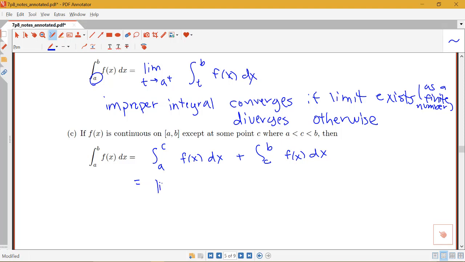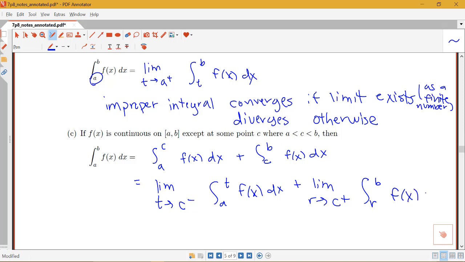So I'd have something like the limit here as t goes to c from the left of an integral from a to t of f of x dx plus a limit as, let's say, r goes to c from the right of an integral from r to b of f of x dx.